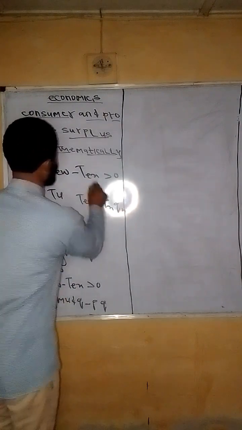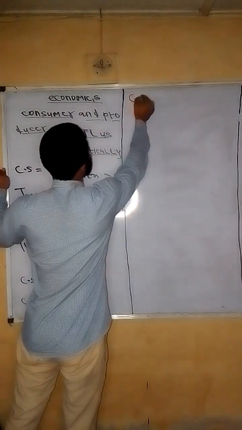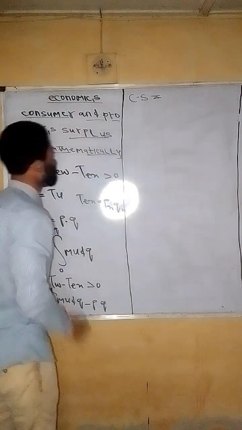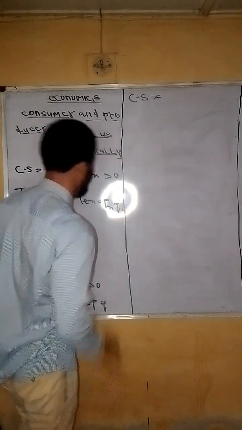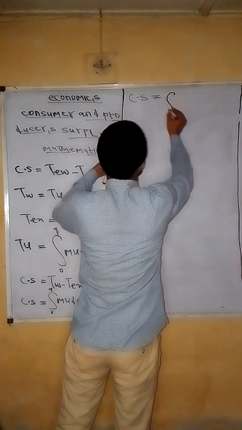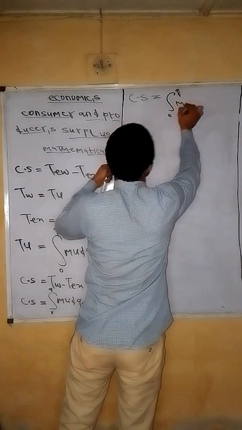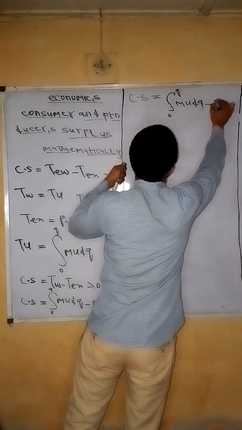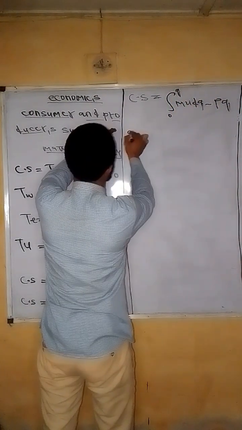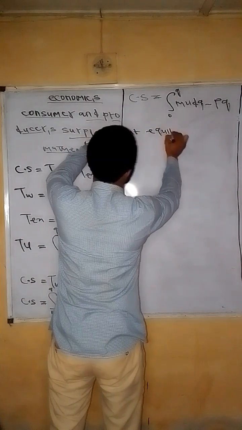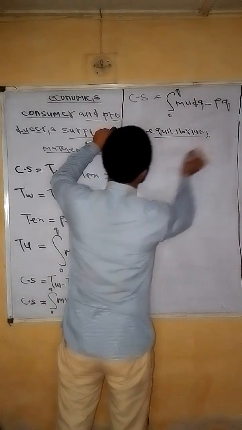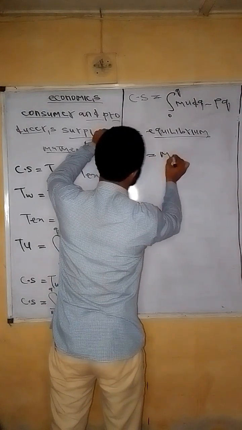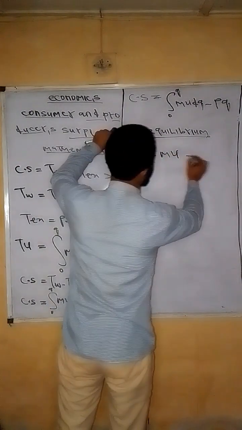Now, it simply means that we have already obtained a formula for consumer surplus. We have stated that consumer surplus is the integral of MU dQ minus PQ, from 0 to Q. Please note, at equilibrium, the price of any commodity must be equal to the marginal utility of that commodity.